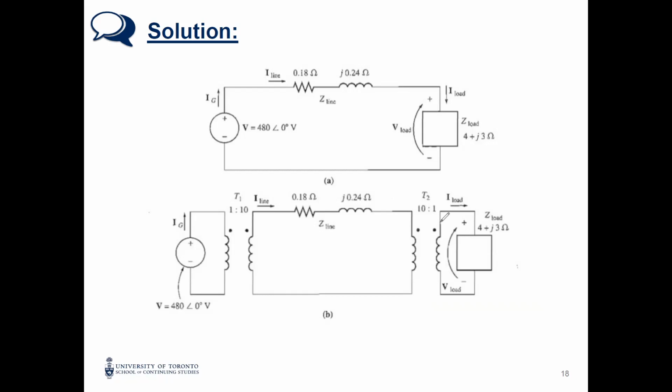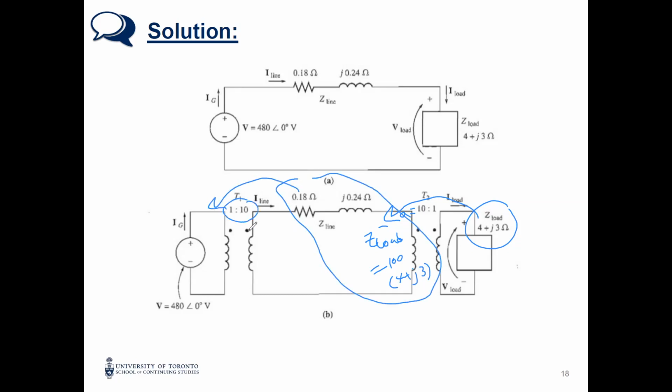So if you move this to the other side here, it will be, let's say, Z load prime, you multiply by this A squared. So it's 100 times 4 plus j3. Then next, I'm going to move all of them to this side. Multiply by this A squared here, now it is 1 over 100.